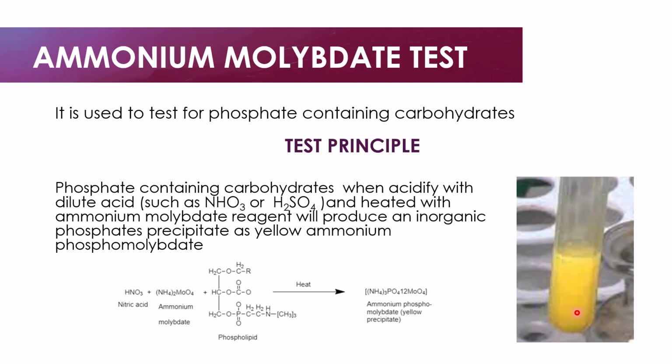So this is the inorganic phosphate precipitate seen over here as yellow ammonium phosphomolybdate. And this is also the reaction explaining the test principle behind the ammonium molybdate test.